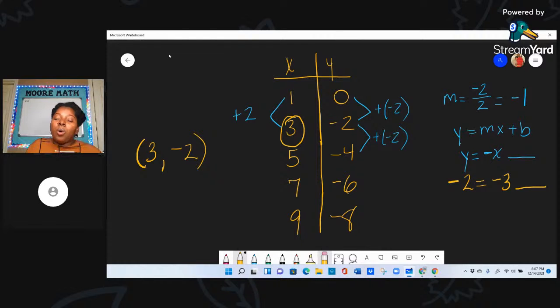So what did I do to get -2? If I start at -3, think of the number line. To go from -3 to -2, what did I do?